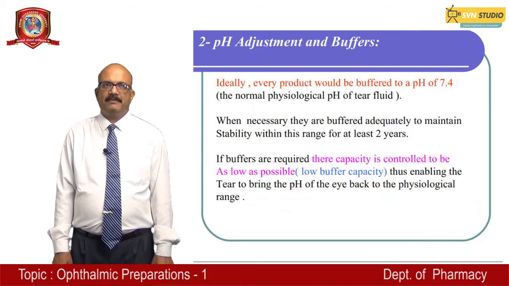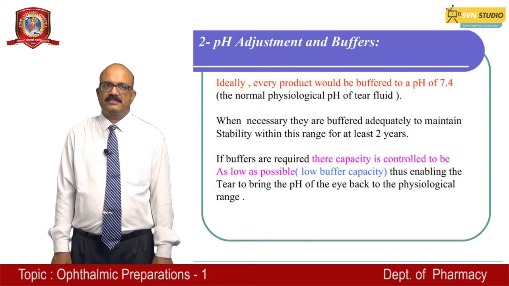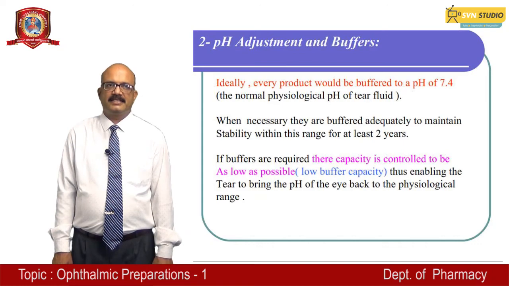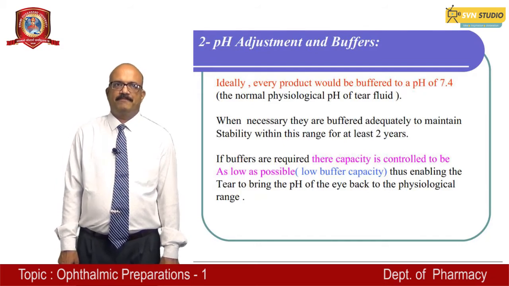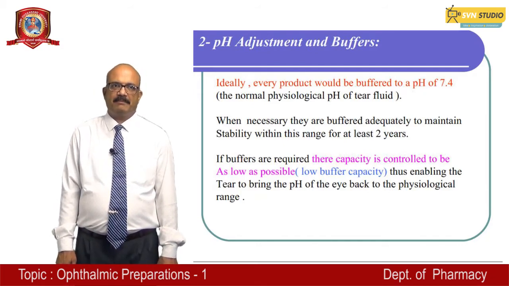Ideally, every product would be buffered to a pH of 7.4, the normal physiological pH of the tear fluid. When necessary, they are buffered adequately to maintain stability within this range for at least 2 years. If buffers are required, their capacity is controlled to be as low as possible, thus enabling the tear to bring the pH of the eye back to the physiological range.